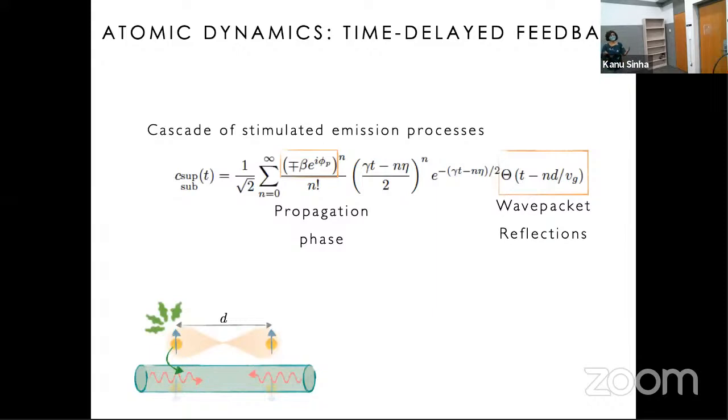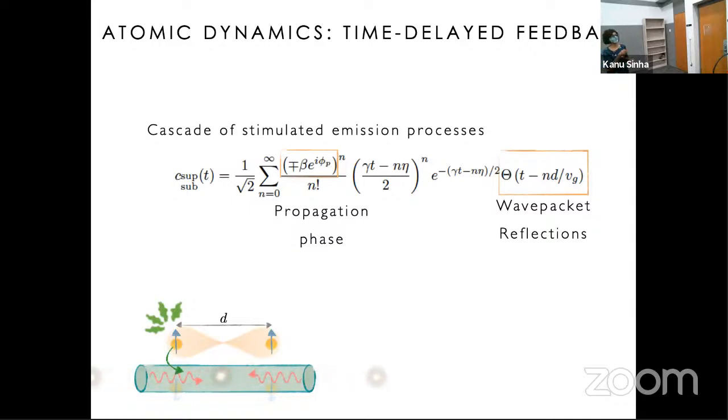Okay, so we can solve this coupled delay differential equation system. That's not a problem, and we can understand the solution that we get, which is a series solution, as a cascade of stimulated emission processes in a hand-wavy way. So what's happening here is that each term comes in every time the atoms see each other.